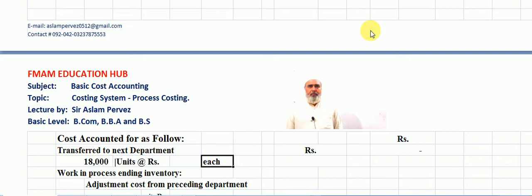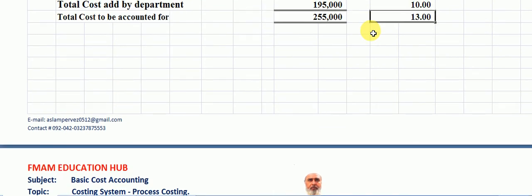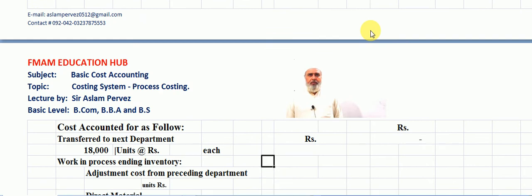The per unit cost is here. Students, the cost of 80,000 units which are transferred to finished goods is 2,34,000 rupees here.